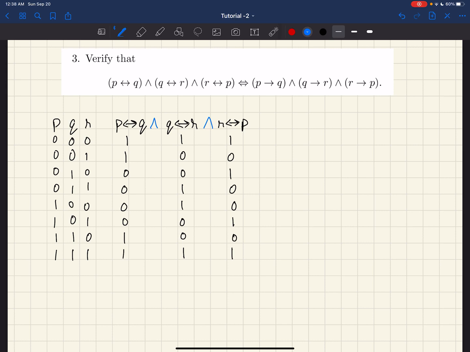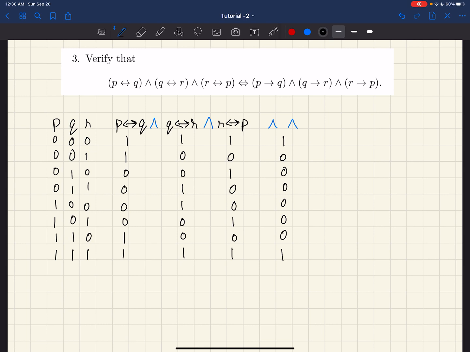So the answer for these 2 ANDs would be 1, because these 3 are 1 here, and the only other place that all of these 3 are 1 is here. So we will have only 2 1s, and the rest would be 0.